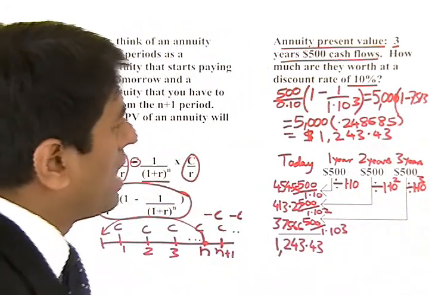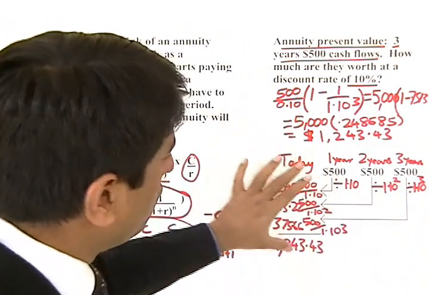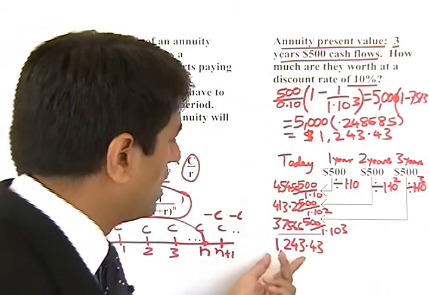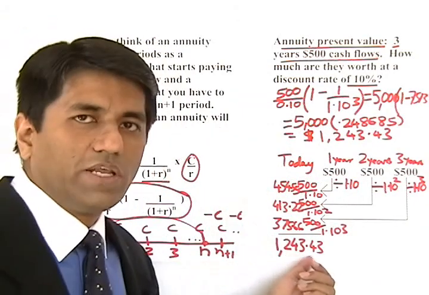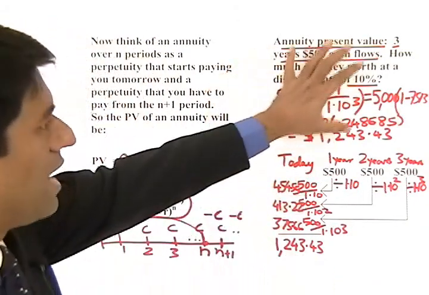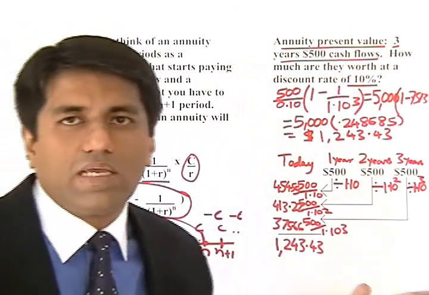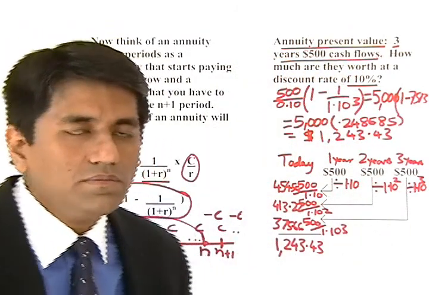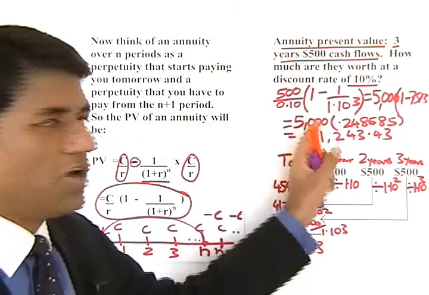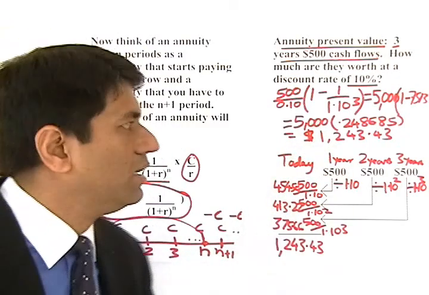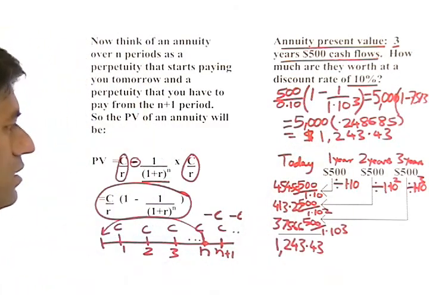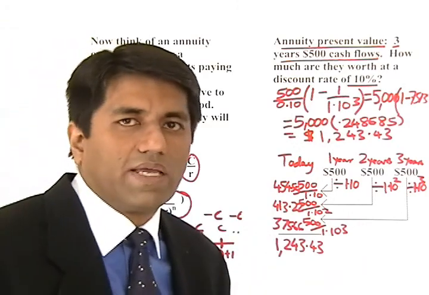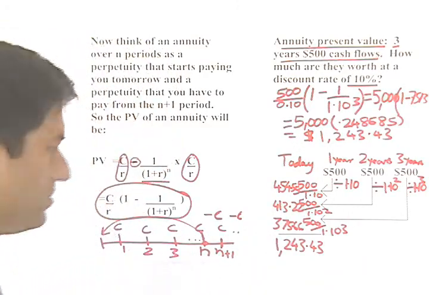So you see, by first principles you get an answer 1243.43, and applying the annuity formula you get the same answer. So this is the example of an annuity. We are going to do some more examples in this lecture.